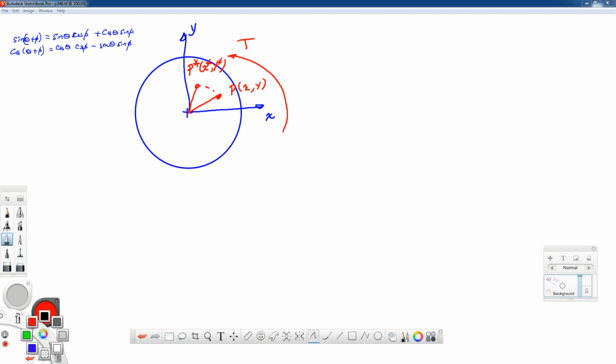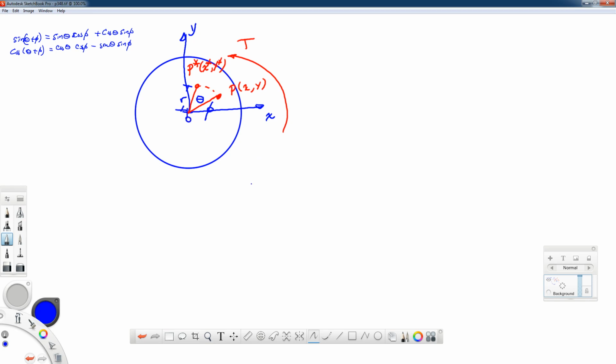And we'll put some additional information on here. We can say that the distance to that point is the radial distance r, and we'll call the initial angle of position phi, and the angle of rotation we call theta. So we'll look at that again as well.